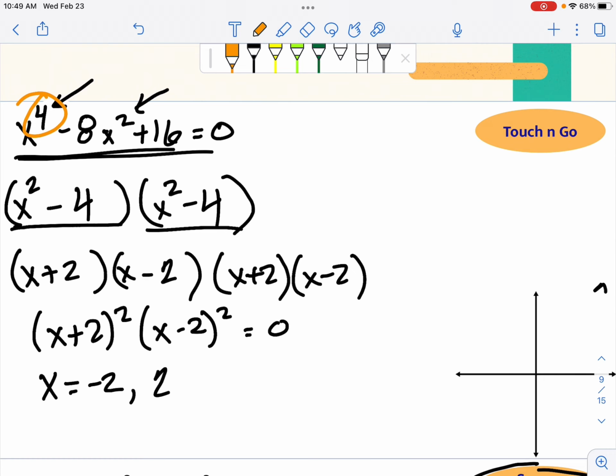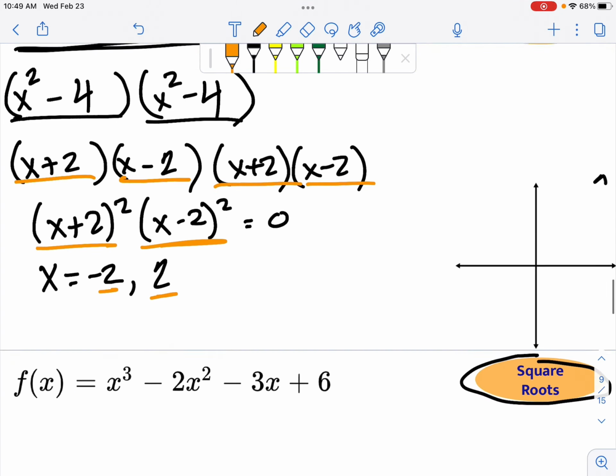In a touch and go, we need to count negative 2 as 2 of our solutions, because we have 2 of these, and then we would need to count positive 2 also as 2 of our solutions, and that is how we get up to 4 total solutions. So with touch and go, it's a little bit easier to see how it's a counting irregularity, or how we count solutions.